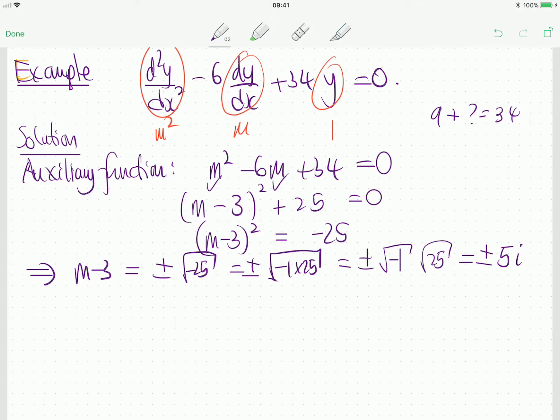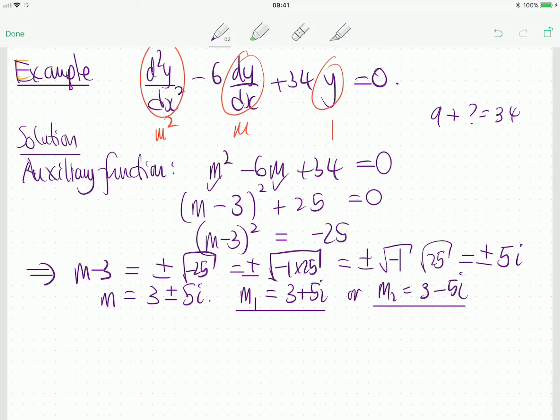Okay, so the final answer is 3 plus or minus 5i, and I think I'm going to write this as 3 plus 5i, or 3 minus 5i. My two solutions, 3 plus 5i, 3 minus 5i.